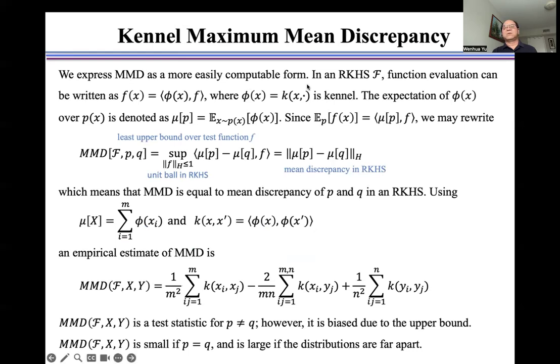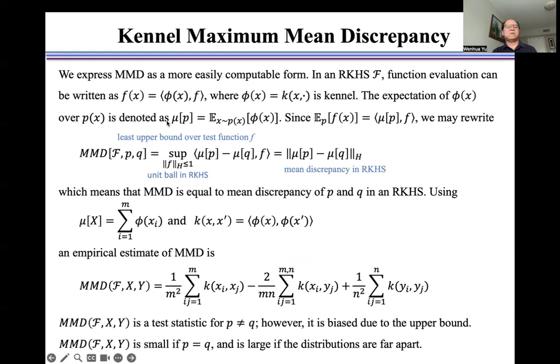In a reproducing kernel Hilbert space F, function evaluation can be written as the expectation of phi and f, where phi is a kernel function.